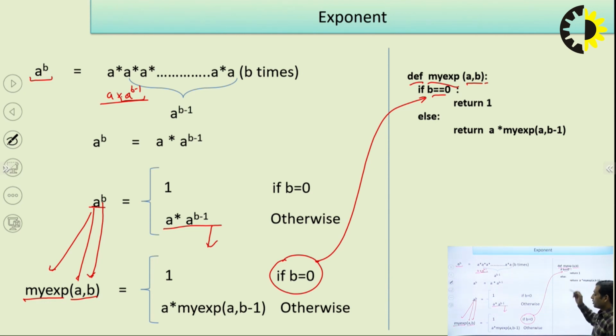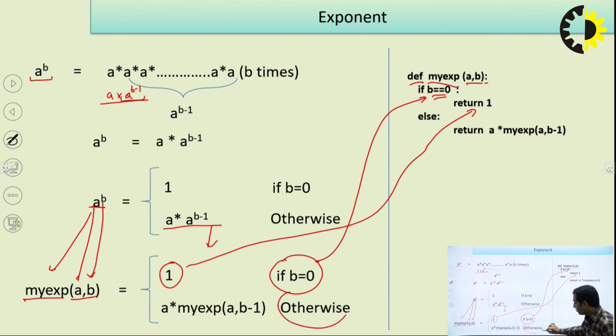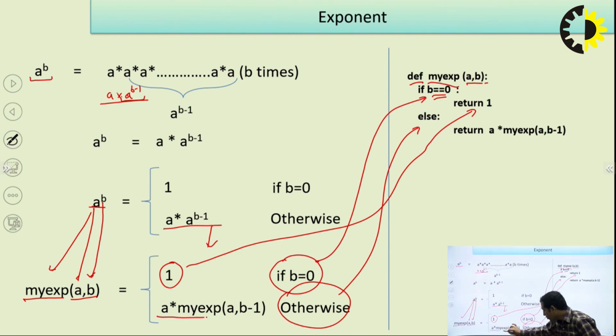So we follow the syntax of programming, we are using Python. We compare b equals 0, then return 1. Otherwise, else means the condition is false, then return a into my exp of a and b minus 1.